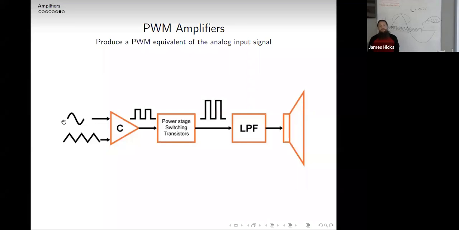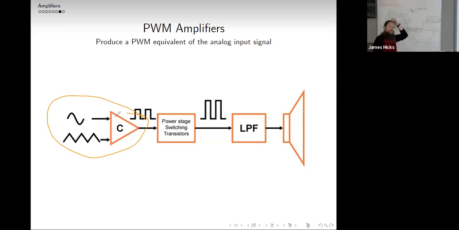So basically, this is a very simple block diagram of what happens. This nice one period sine wave, that's our input signal. And the first thing that happens is that it gets converted into a digital signal. That's what this guy does.